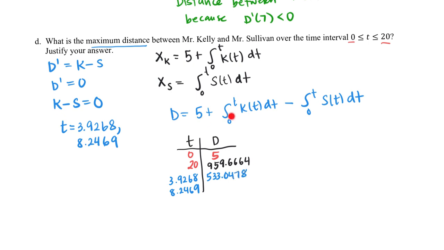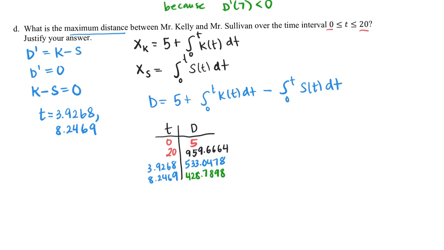Then I retype it again, change it to 8.2469, and I get 428.7898.